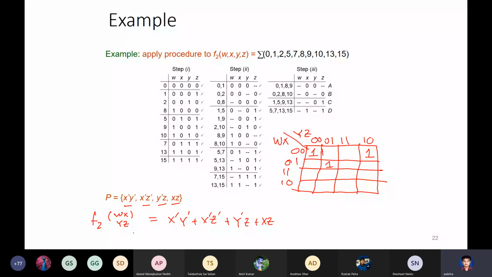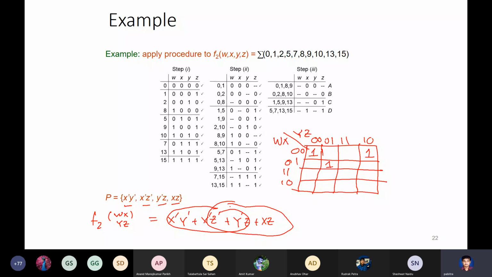So in some situations, this might be the optimal, and in some situations it might not. For the same function, you can take different subsets. It is possible to have different subsets of the set of prime implicants to express your function, and one of them will of course be the minimal.